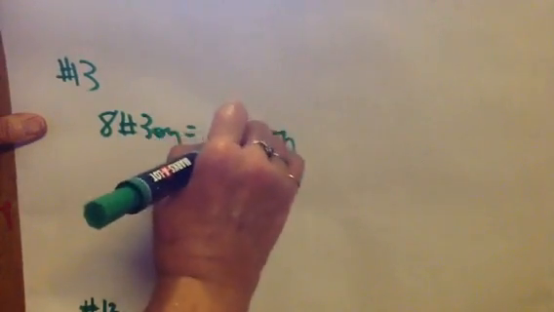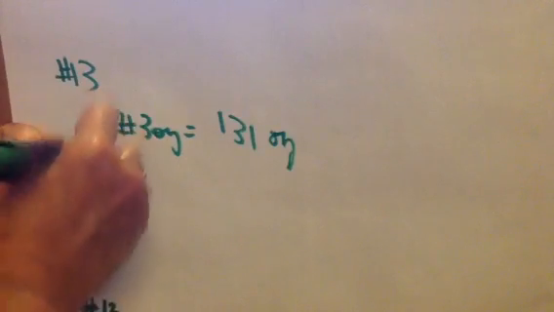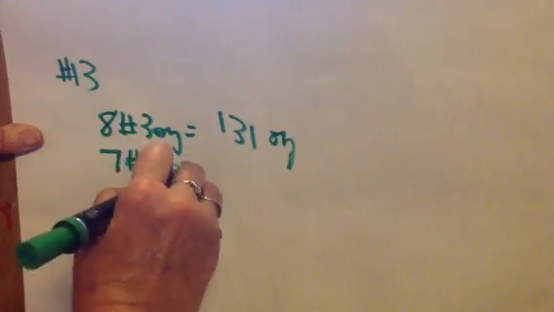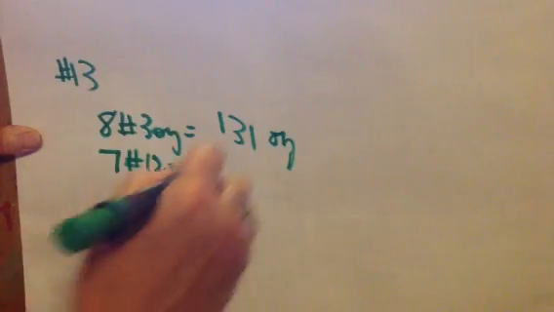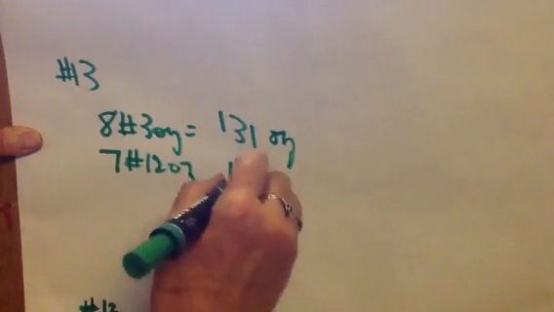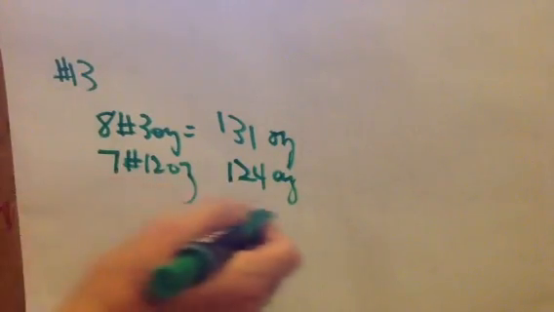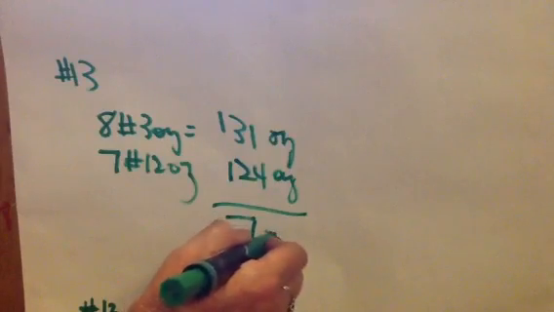So we have 131 ounces that the baby weighed at birth. The baby then weighed 7 pounds 12 ounces, and that is 124 ounces. So our difference, what the baby has lost, is 7 ounces.